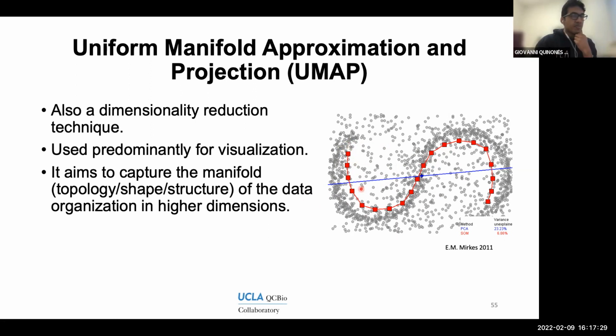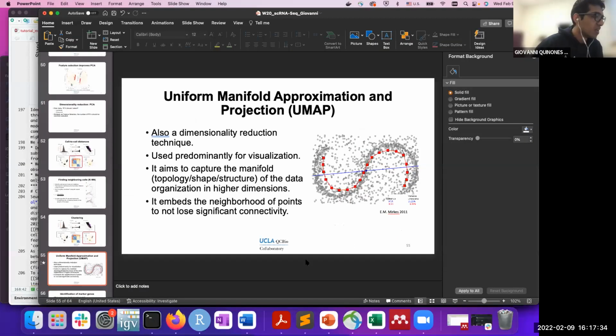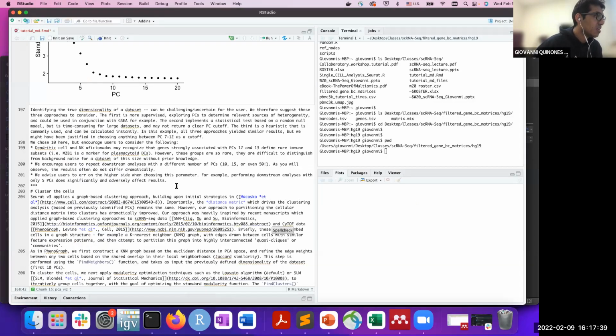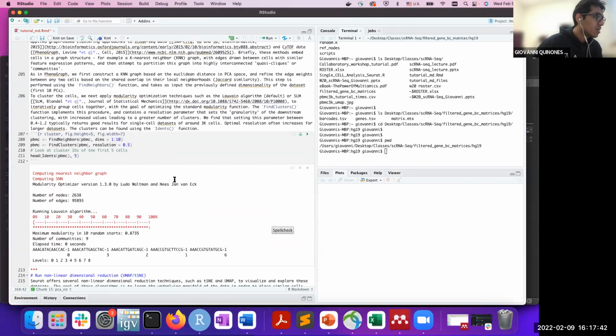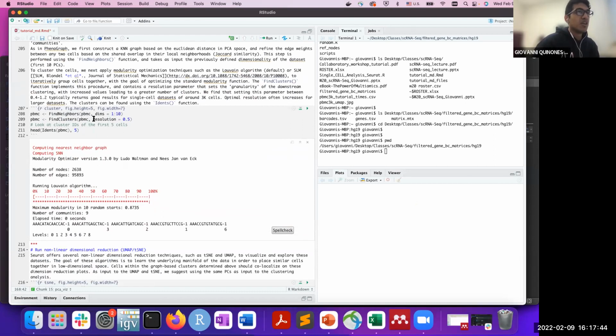So I think at this point, we can switch back to the R code and let's see exactly how our cells look in UMAP representation. So we'll start by getting our distances. Here, this step is performing the KNN, which means the nearest neighbors. And here it is performing the modularity algorithm to find the clusters.